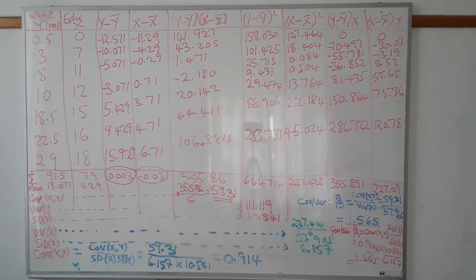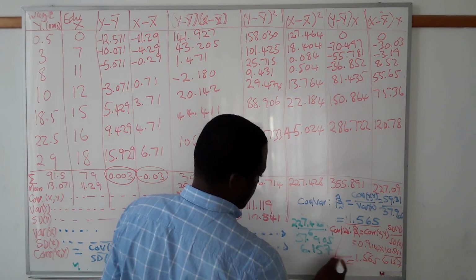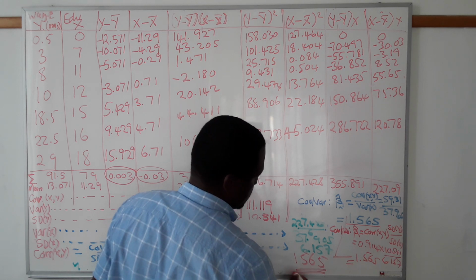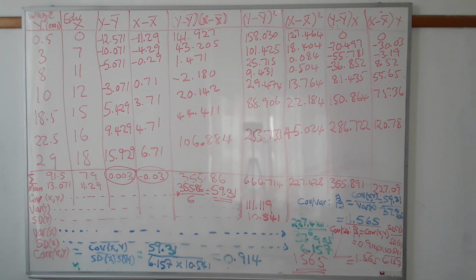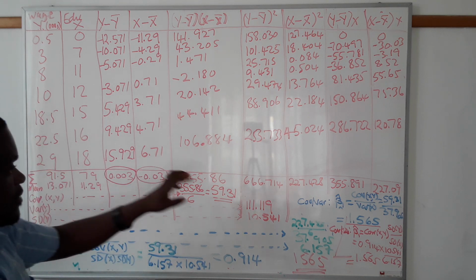Now, remembering that our data is measured in thousands, actually this number here is 1,565. That's the number, because all this is measured in thousands. And all these can be adjusted for the thousands we have there.